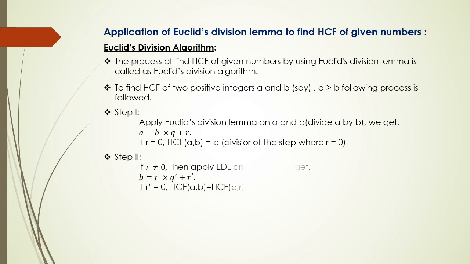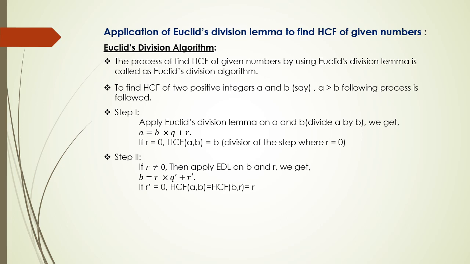Next step. If the remainder is not equal to 0, then once again we apply Euclid's division lemma on b and r, where b is the divisor of the previous step and r is the remainder of the previous step. So again applying Euclid's division lemma, we get b is equal to r into some quotient q dash plus some remainder r dash.